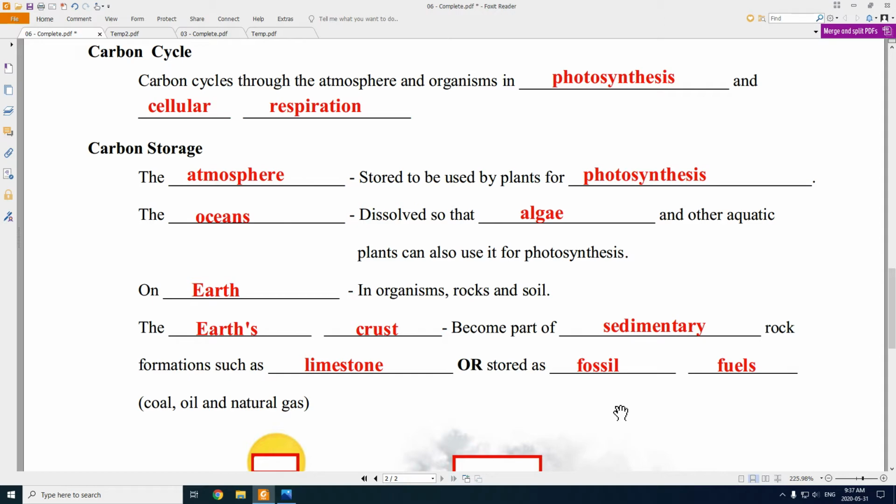Those things are all made out of carbon. Fossil fuels are formed by taking a carbon-based object like a plant or an animal, and eventually if it gets compressed underground for long enough, 10,000 years, eventually it gets compressed so much that it forms into coal or oil or natural gas.